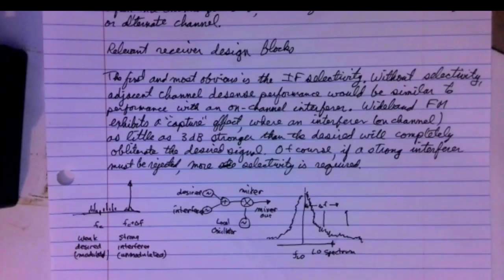So if you have a receiver with bulletproof selectivity, are you out of the woods? Do you have anything you need to worry about? And the answer is yes, you do. You can still be in trouble in terms of desense performance.